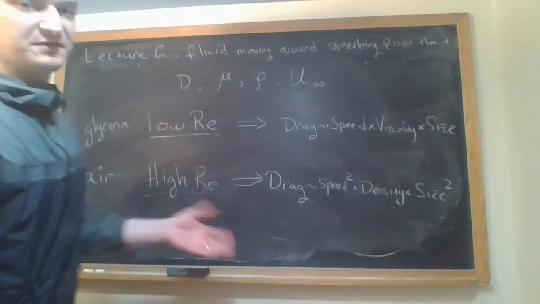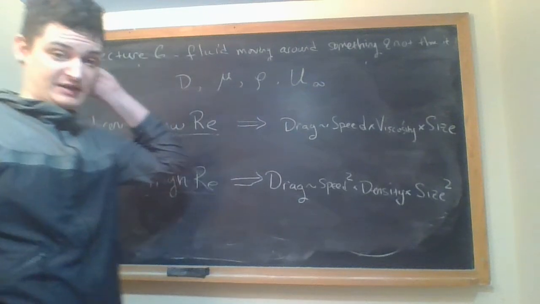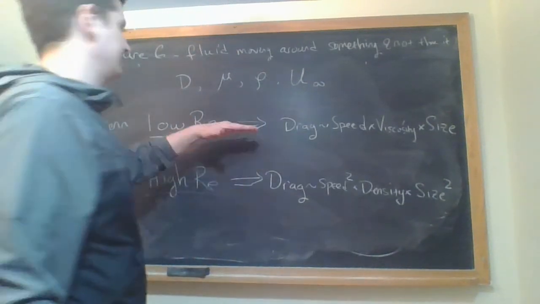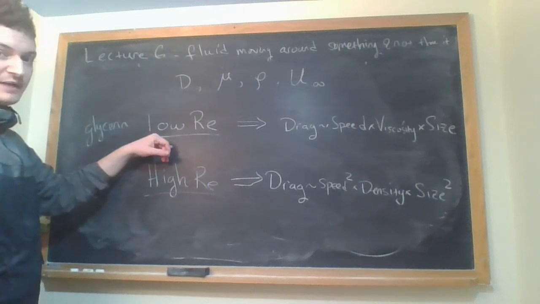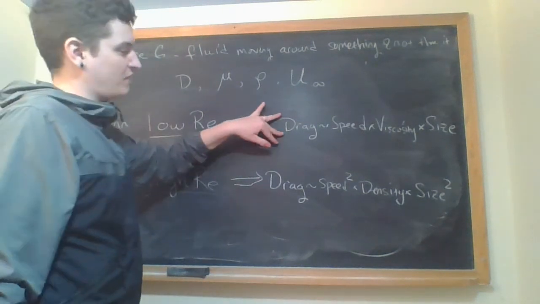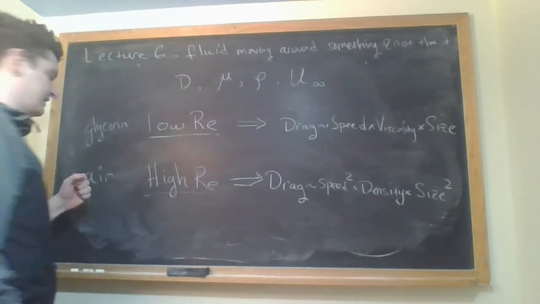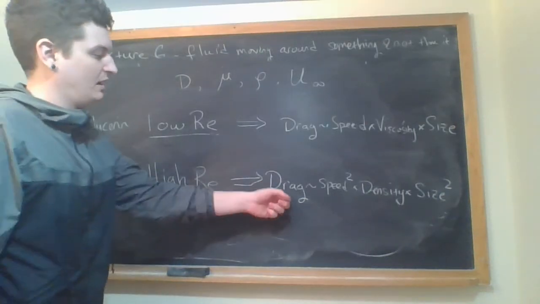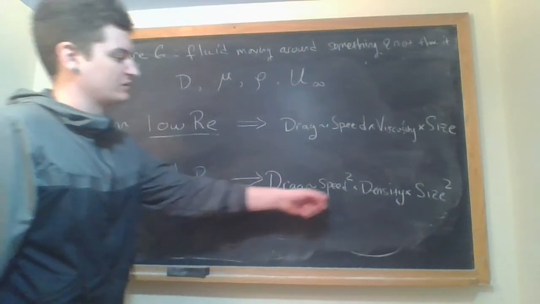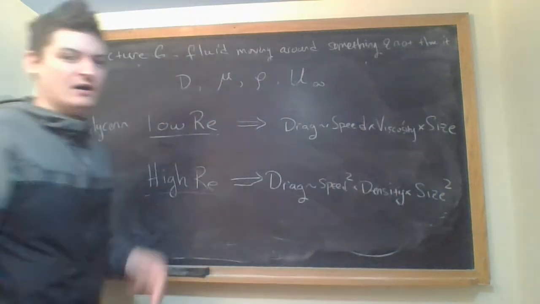So that's just in words. These are two fundamentally different laws we get based on drag forces and their proportionalities. For the glycerin tanks, when we drop the little small things, that's characterized by a low Reynolds number. You can see that the drag force is proportional to this combination of things multiplied. When I did the air experiments, the Reynolds number was high. So right here, the drag is proportional to the speed squared, density, size.